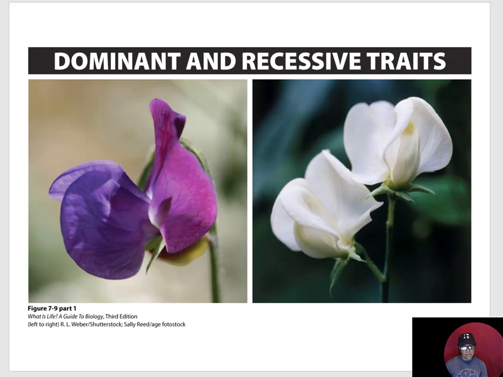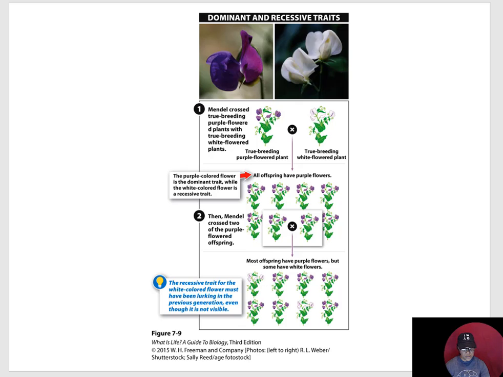And so what you're going to learn about is what's called dominant and recessive traits. How these different traits actually come to be expressed. So here we have what Mendel did. So he crossed true breeding purple flower plants with true breeding white flower plants. So when we see this X, that means that he crossed them, he bred them. And in plants, that means you pollinate them, right?